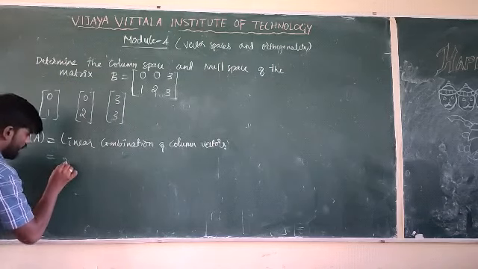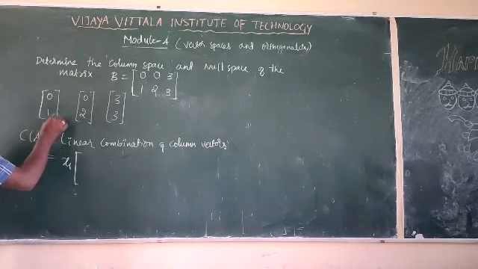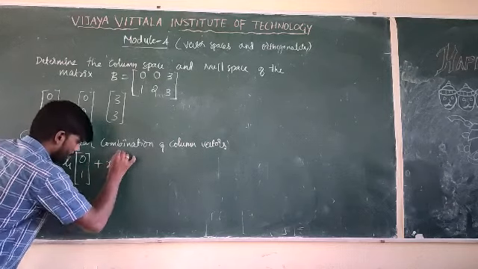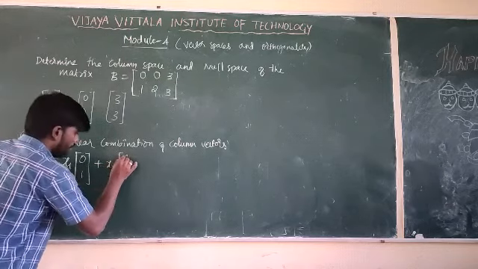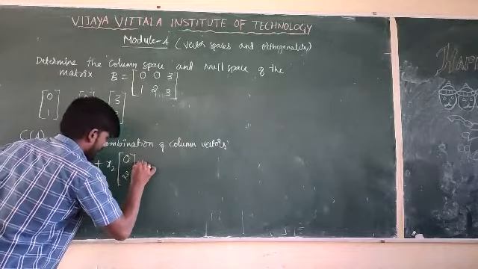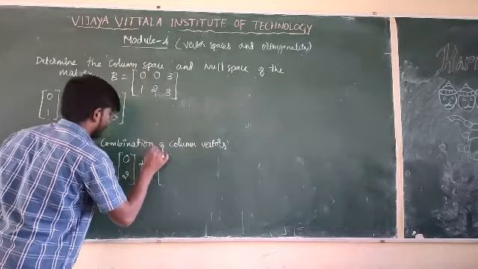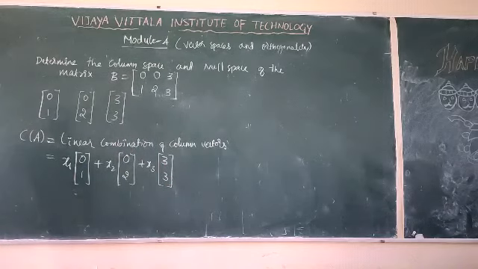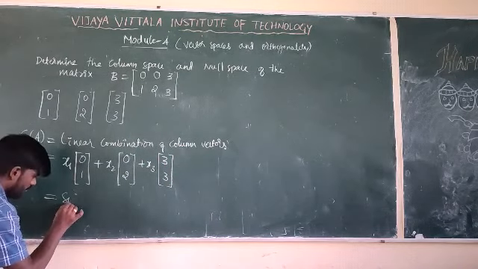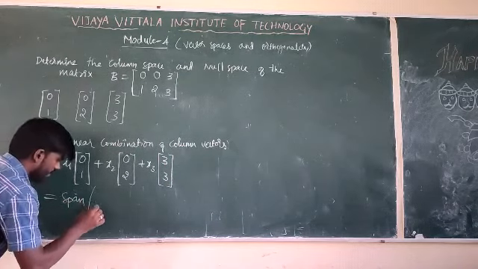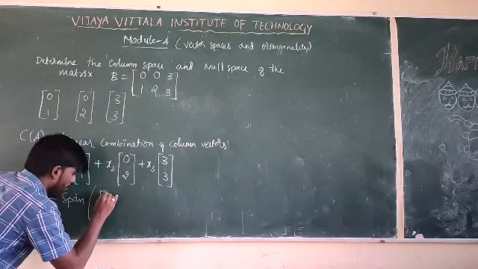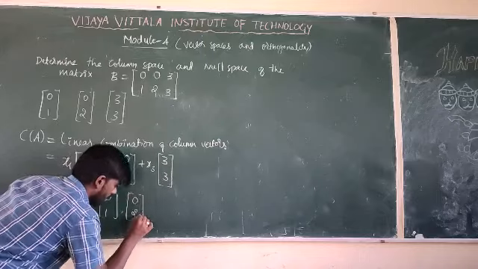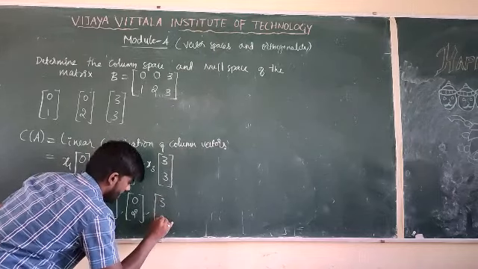The linear combination is x1 into the column vector 0, 1 plus x2 into the column vector 0, 2 plus x3 into the third column vector 3, 3, which is also equal to the span of these 3 vectors: 0, 1, 0, 2 and 3, 3.